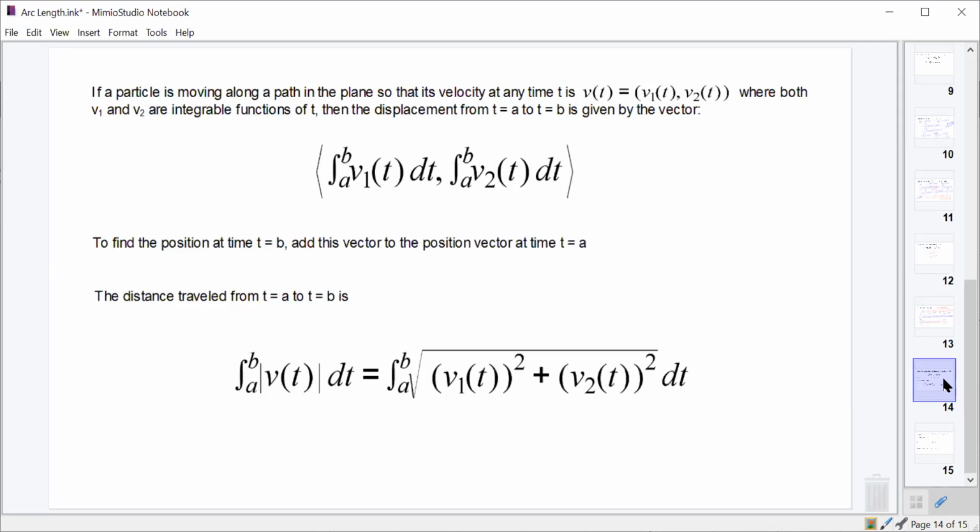But you can also find the distance traveled, not just the displacement, but the actual distance traveled, by using this same idea, integrating the x component of your velocity vector squared plus the y component of your velocity vector squared, all square rooted. So once again, it's just the distance formula using your velocity, right? It's just the magnitude of the velocity vector being integrated, the integral of the absolute value. So the integral of the magnitude gives you the total distance traveled for a vector. Everybody good with that?